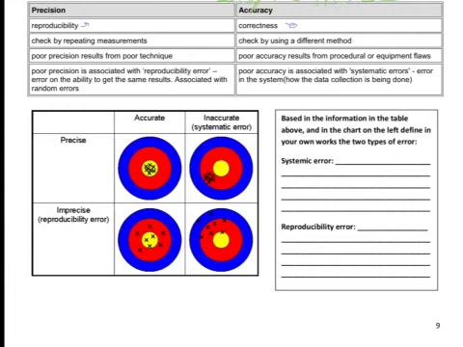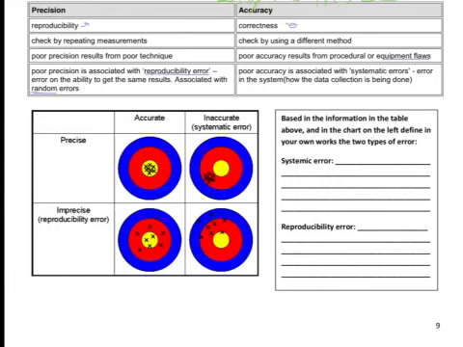So is there something in the way I am doing it that is not coming out correct, or is there something in what I am using to do my study that is not working? So poor precision is associated with that reproducibility error. I'm not able to reproduce my results. So this is an error in the ability to get the same results, and it is associated with random errors.